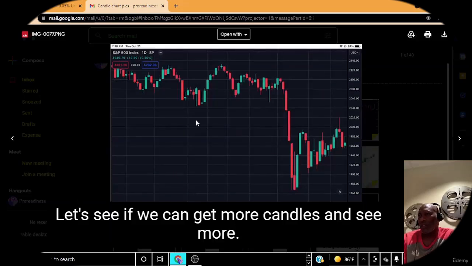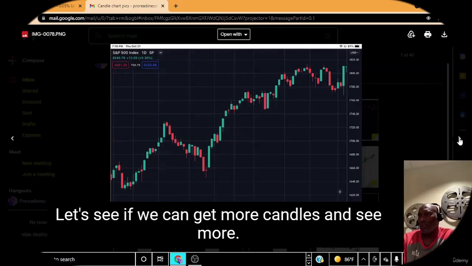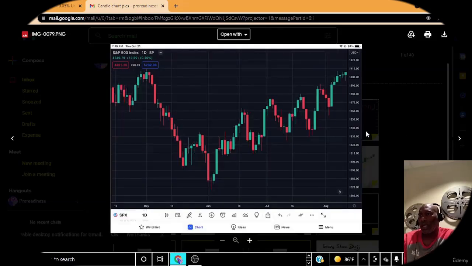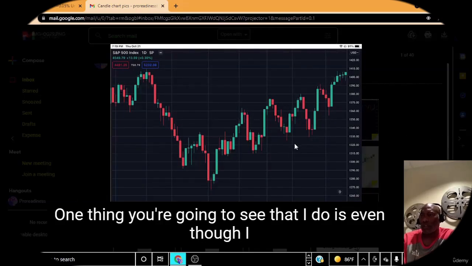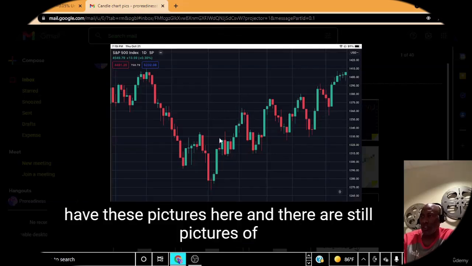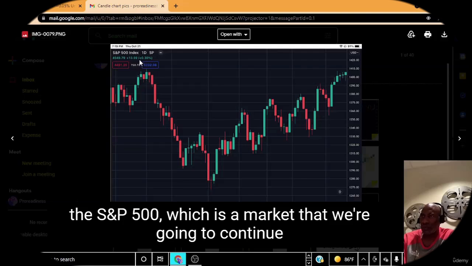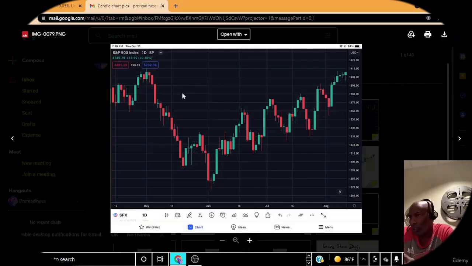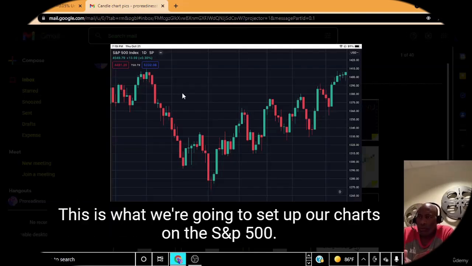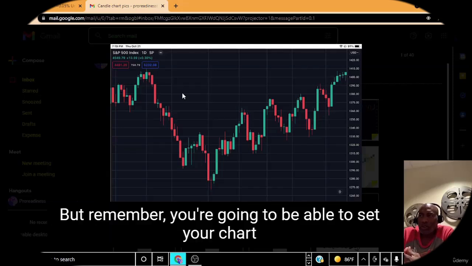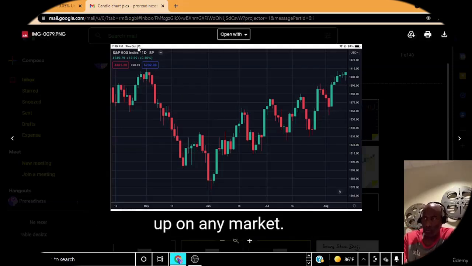Let's see if we can get more candles and see more. One thing you're going to see that I do is, even though I have these pictures here, and they're still pictures of the S&P 500, which is the market that we're going to continue to talk about. This is what we're going to set up our charts on, the S&P 500. But remember, you're going to be able to set your chart up on any market.